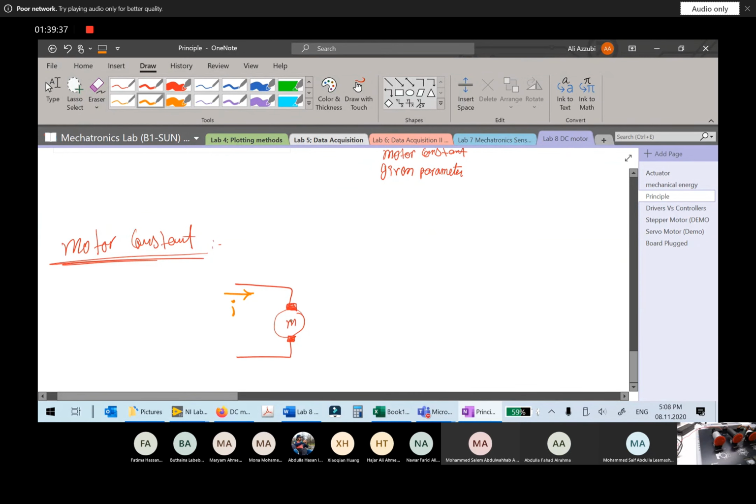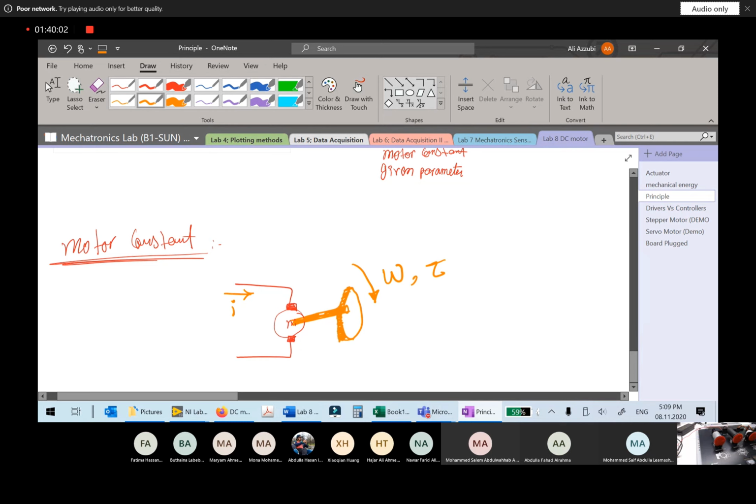On the mechanical side, imagine that you have a shaft like this, and you have a load. This can be a pump, this can be a fan, this can be many loads. I'm representing it as inertia. This inertia is rotating by some omega, and there is a torque on that side.